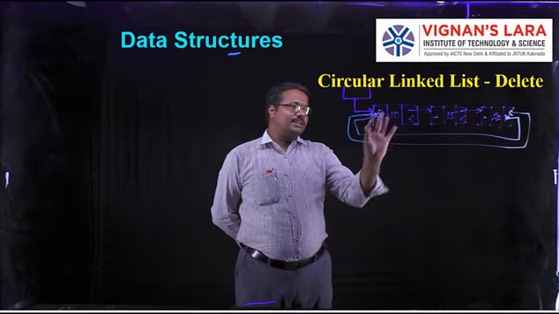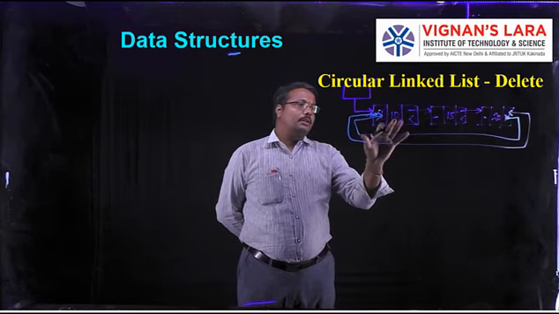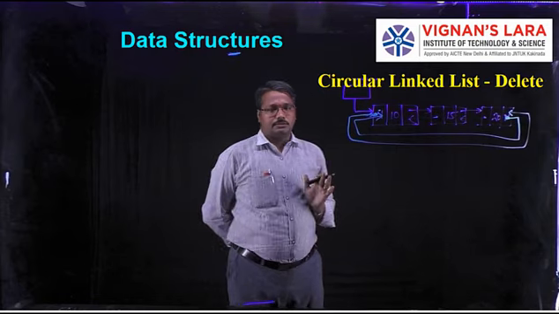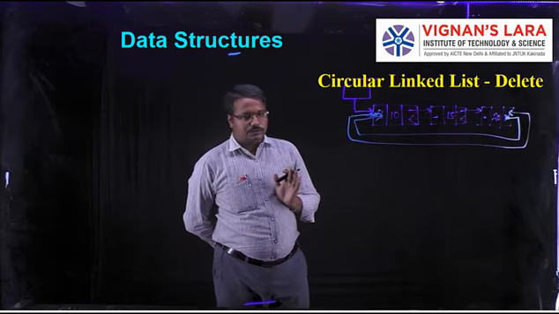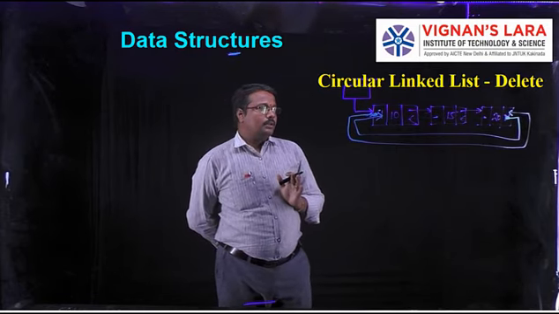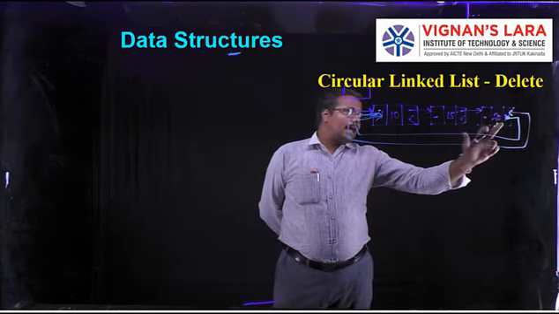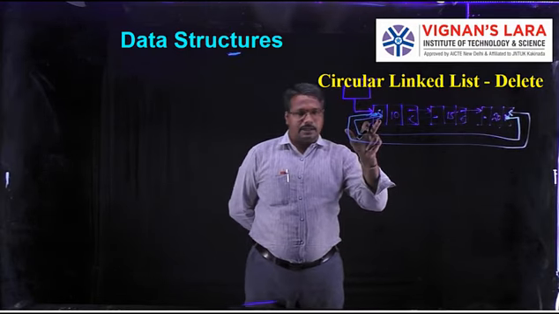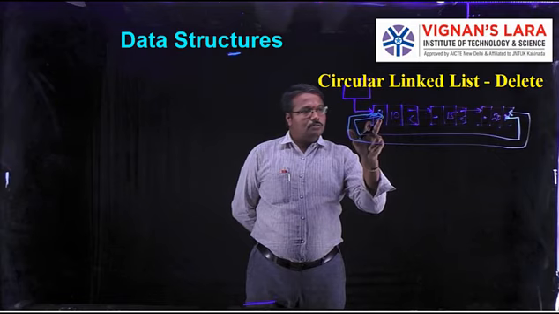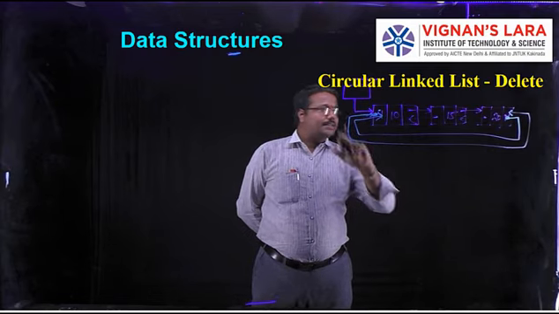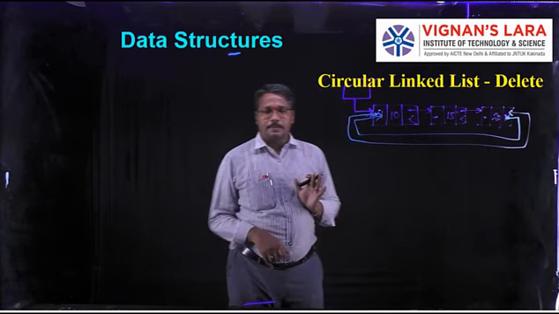There are three fields: previous node address, data, next node address. That doesn't change. The only change is that the last node's next field consists of the starting node address, and the first node's previous field is the last node address.